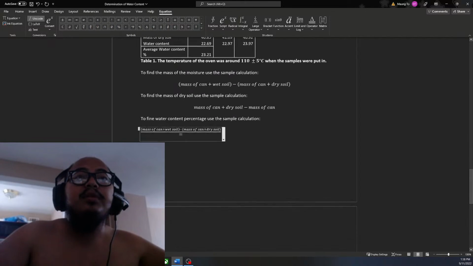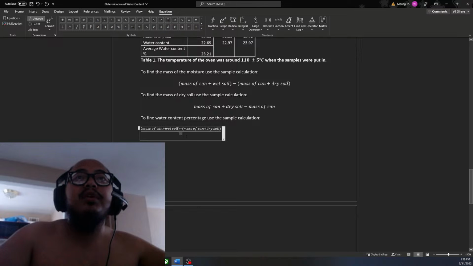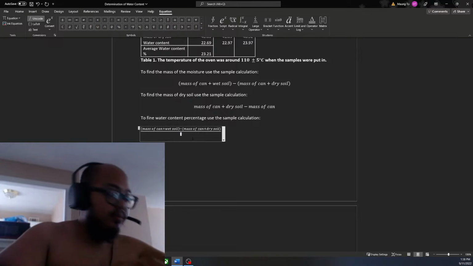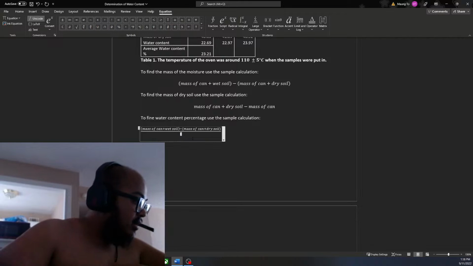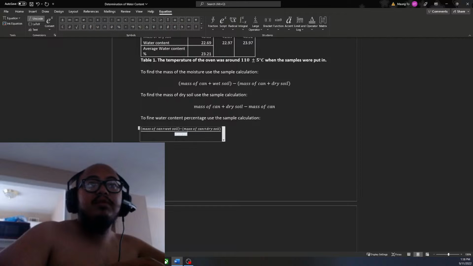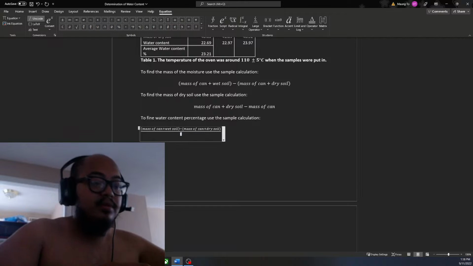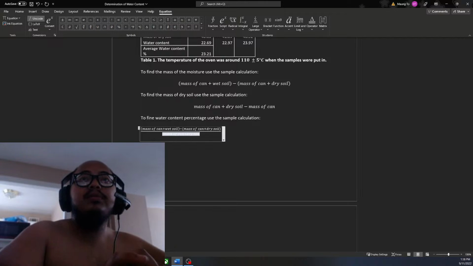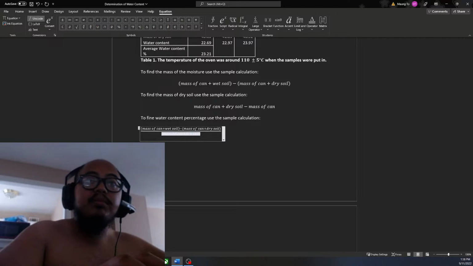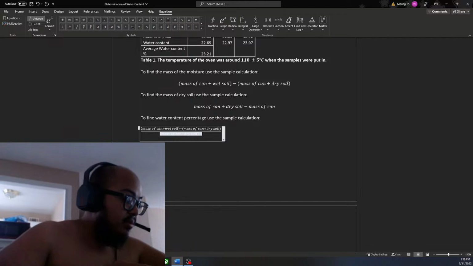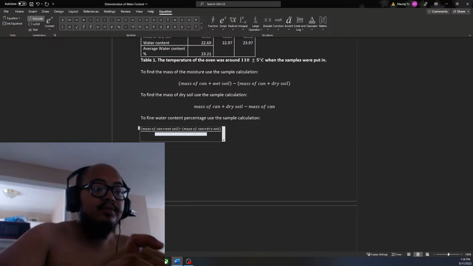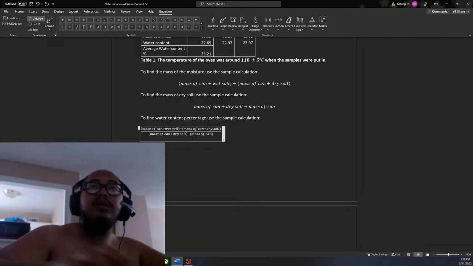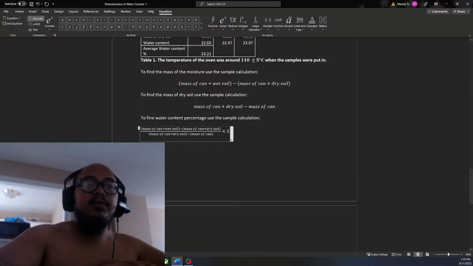Okay, so that looks good. The mass of can plus wet soil minus mass of can plus dry soil, over M3, which is the mass of can plus dry soil minus the mass of can, times 100.